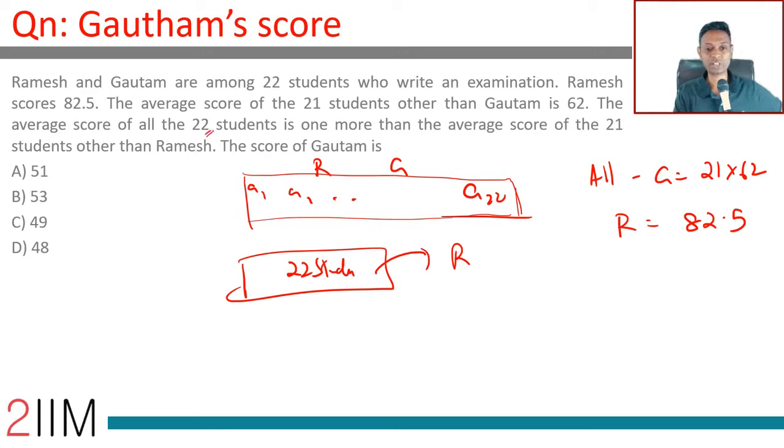So when 22 students are there and Ramesh leaves, the average falls. Right? So Ramesh is taking out more than the average. Ramesh scores 82.5. He's taking out more than the average.